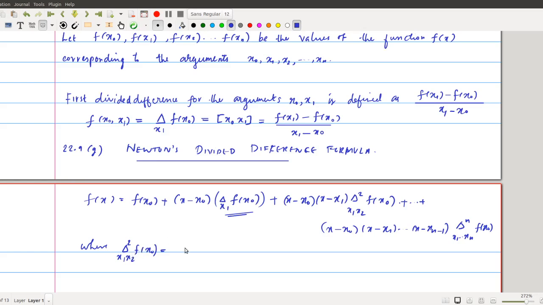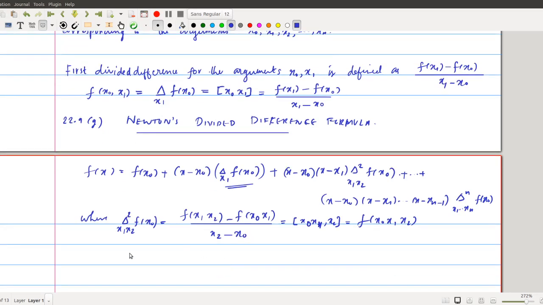Okay, so that is defined as f of x1 x2 minus f of x naught x1 divided by x2 minus x naught. So this is the second order divided difference. This is also denoted by the symbol x naught x1 x2, or you can use f of x naught x1 x2. So this is nothing but f of x1 x2 minus f of x naught x1 divided by x2 minus x1.